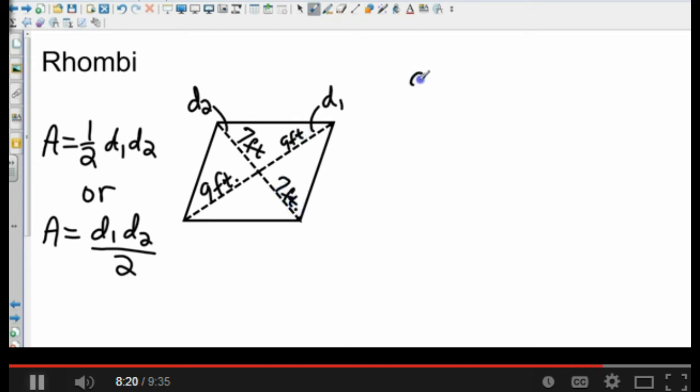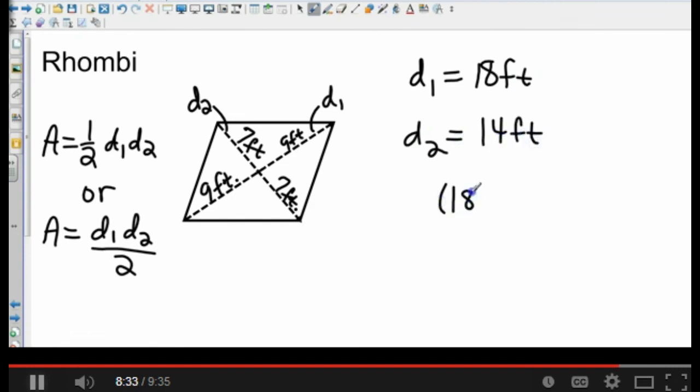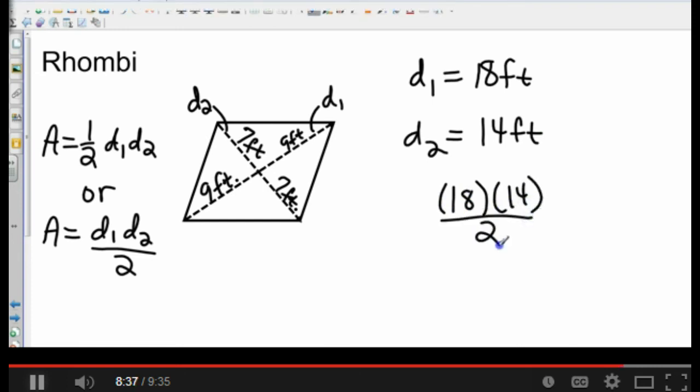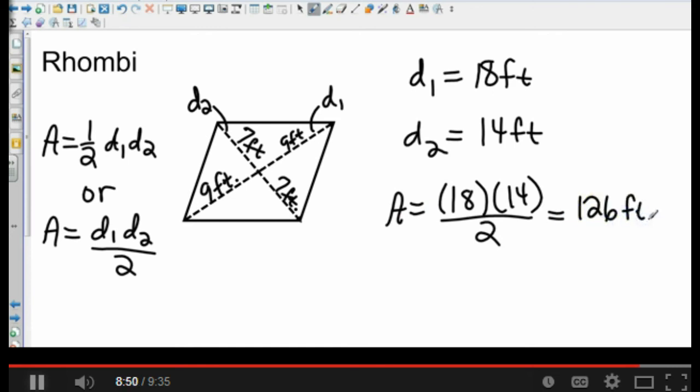That makes diagonal 1 equal to 18 feet and diagonal 2 equal to 14 feet. I multiply those together and divide by 2, and that gives me 126 feet squared.